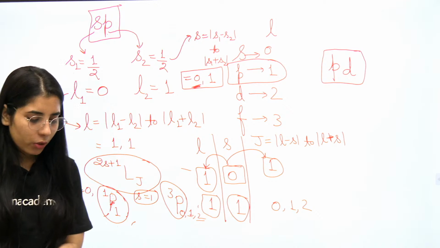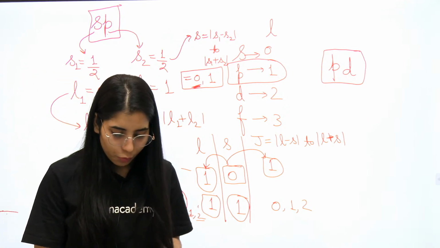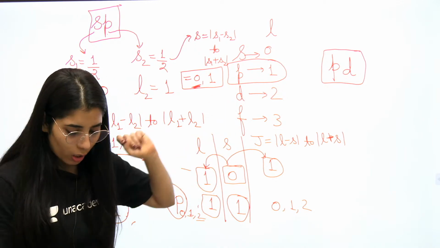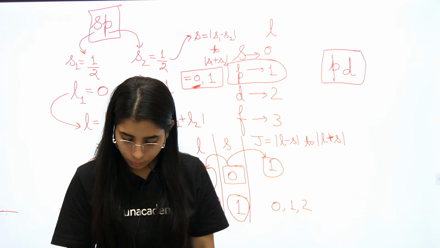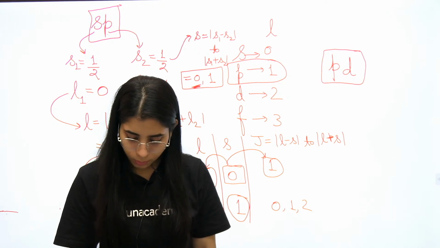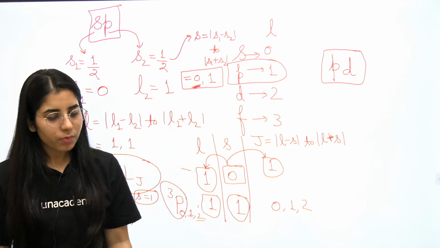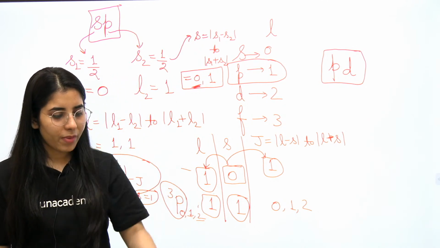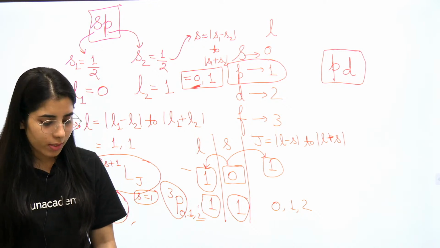Once you get it done, you can mention in the comments that this many numbers you are getting for the PD case you need to solve. If you have any doubt or difficulty anywhere, just mention it in the comments once.